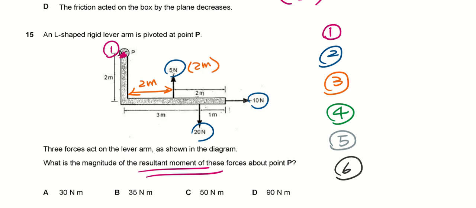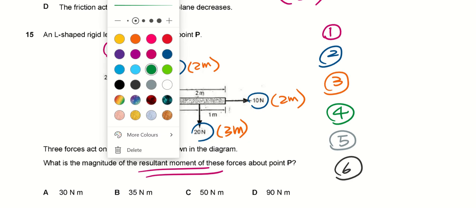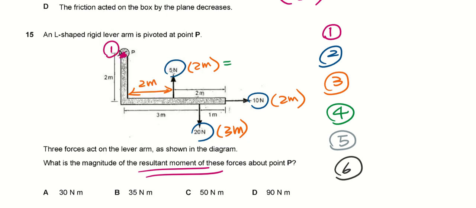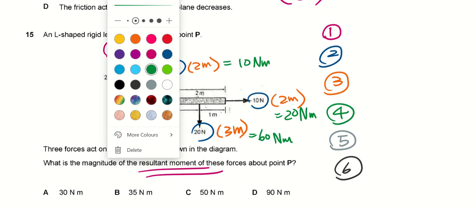This one is 2 meters, this one is 3 meters. Then step 4, green color. Step 5, finding the direction.